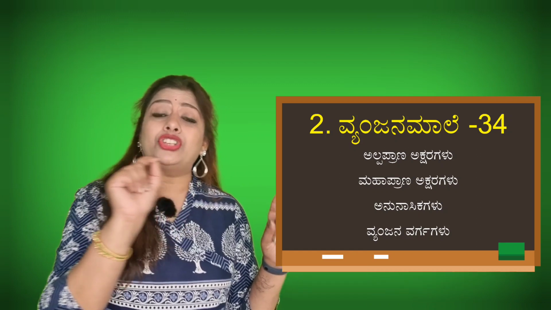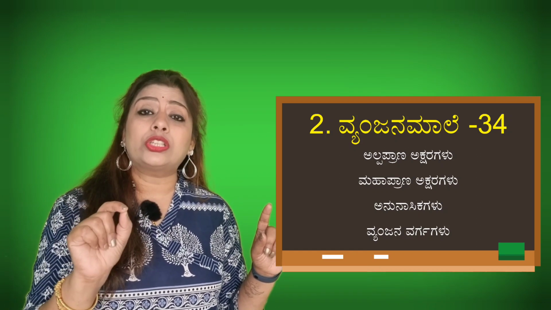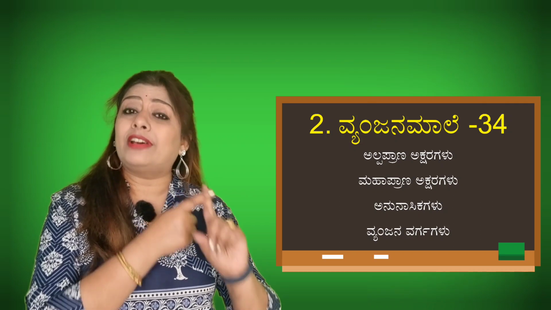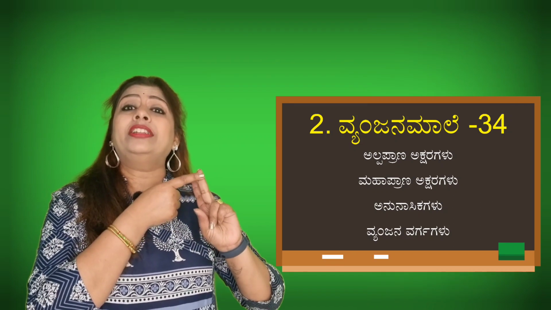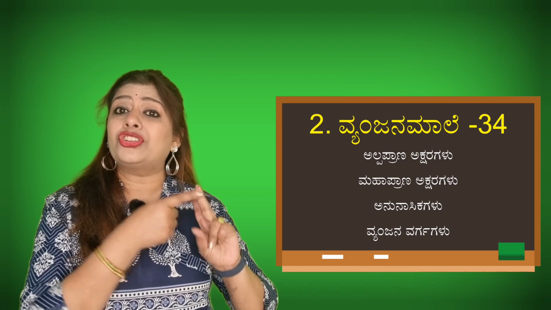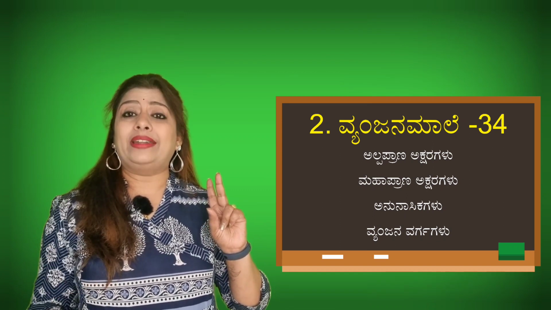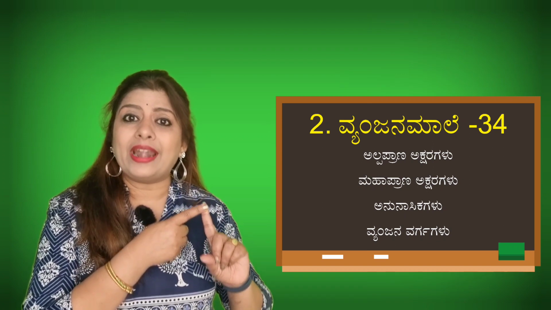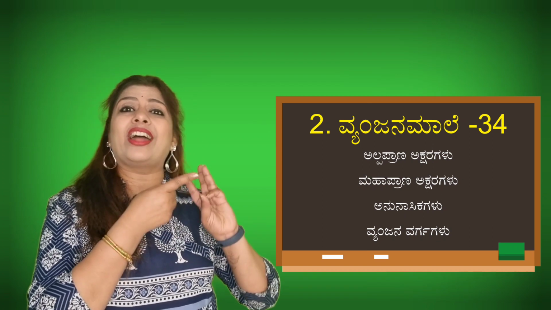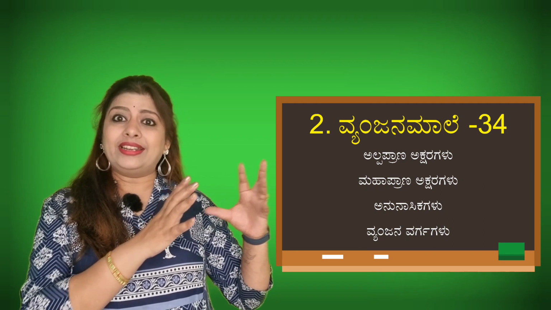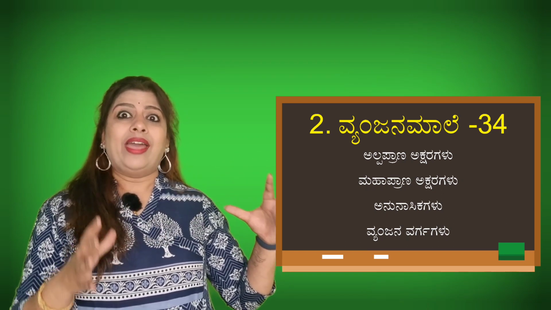In this, the child should also learn cased vyanjana, that is vargiya vyanjana, and non-cased, that is avargiya vyanjana. The pronunciation depends upon 3 more categories: alpaprana, mahaprana and anunasikagalu.